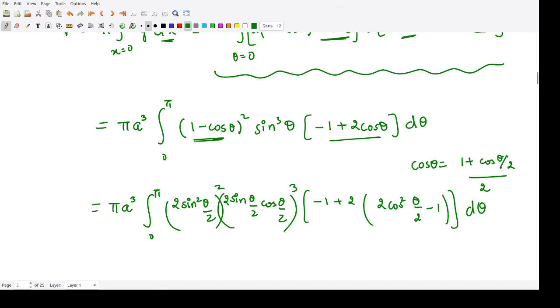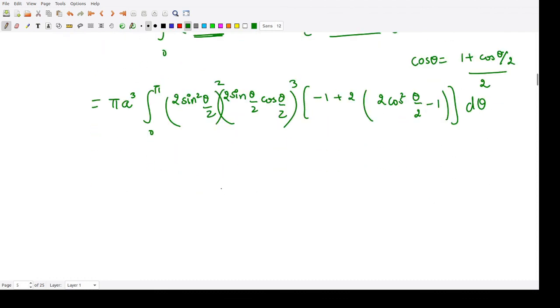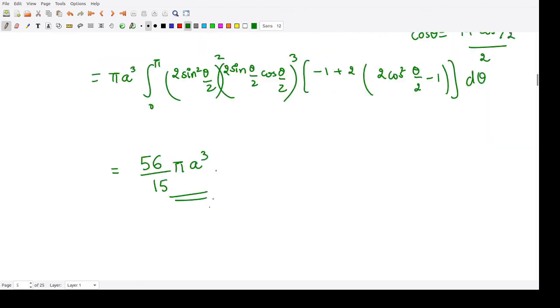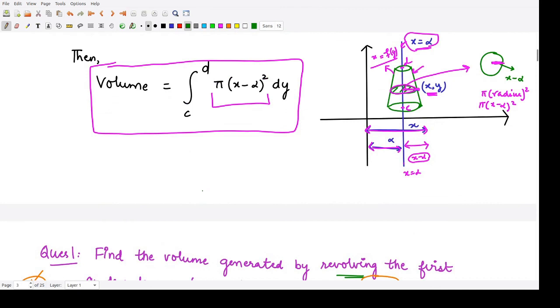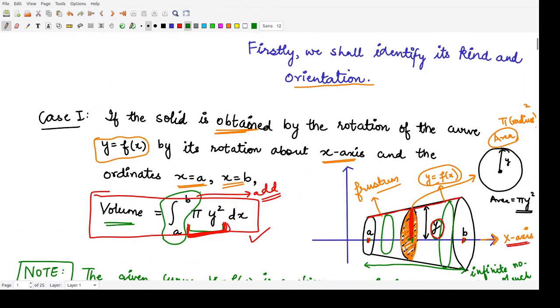Next you could simplify this and perform this integration. The final answer that you will get after solving and simplifying is 56 divided by 15 pi a cube. So I hope this is clear to you, how to calculate the volume of revolution for different curves which are oriented in different directions.